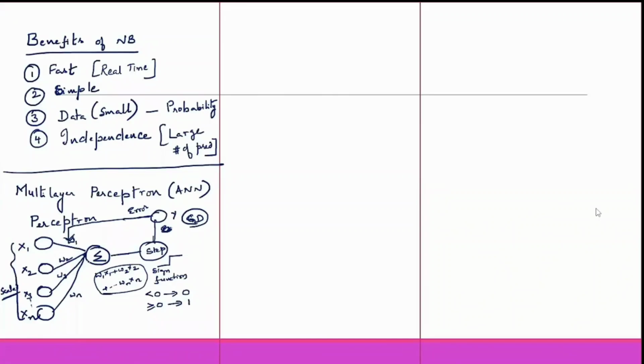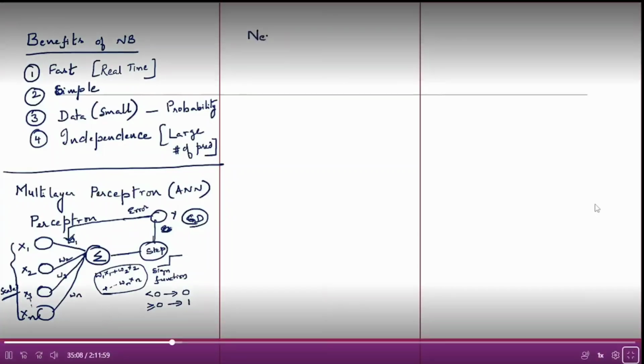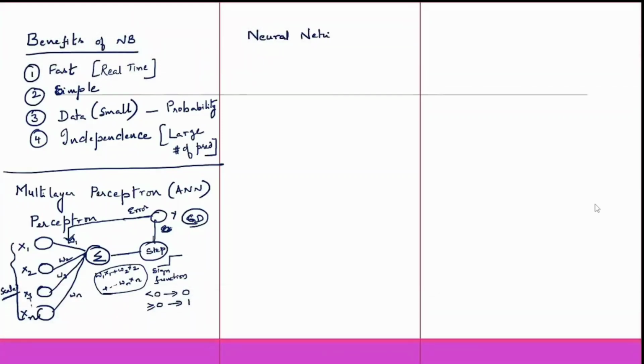Now, all we are talking of in the neural network mechanism is that we are extending this same model, and neural networks are much more important for this simple reason. Let's talk about this.